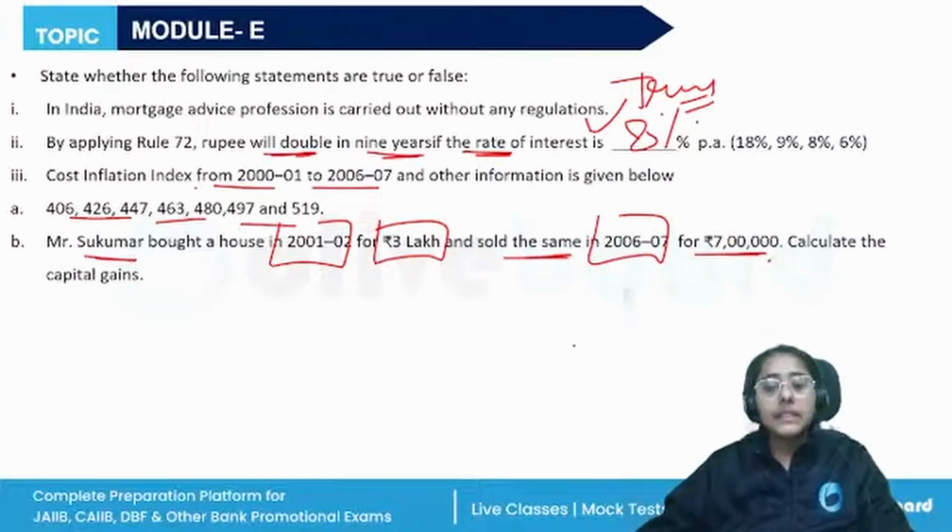Calculate the capital gains. Try to calculate.